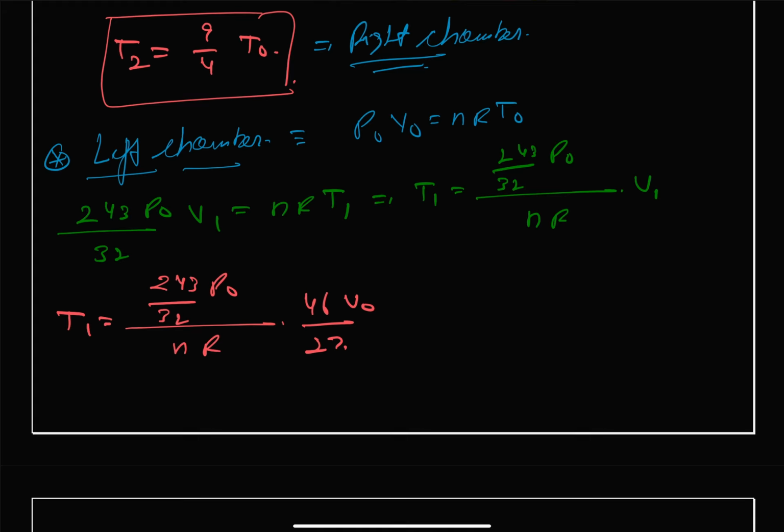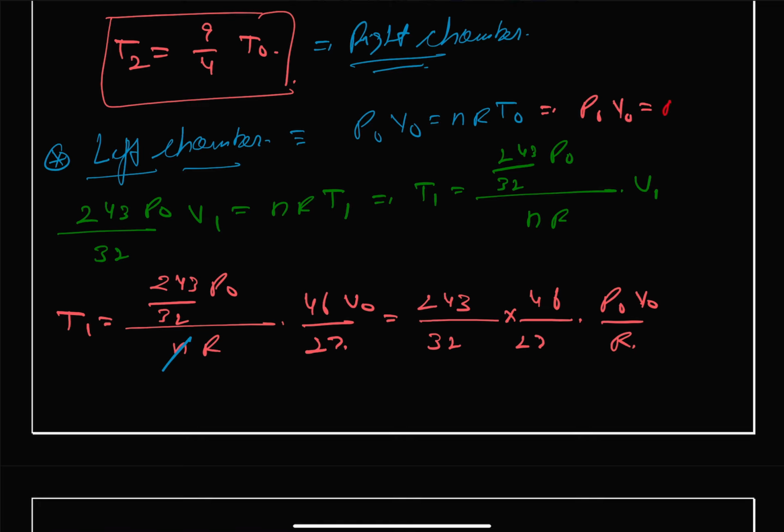Okay, and this n will be 1, so this n goes away. So this can be written as 243 upon 32 multiplied by 46 upon 27. This comes as P naught V naught upon R, and from here we can say P naught V naught is equal to R times T naught.